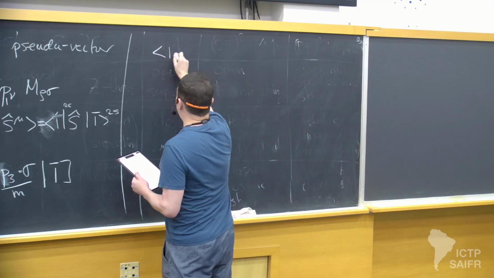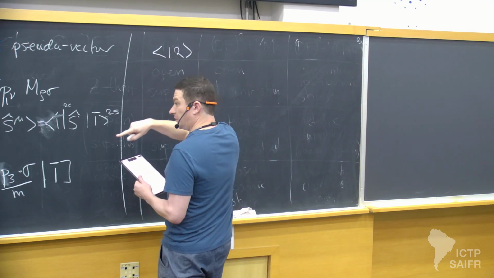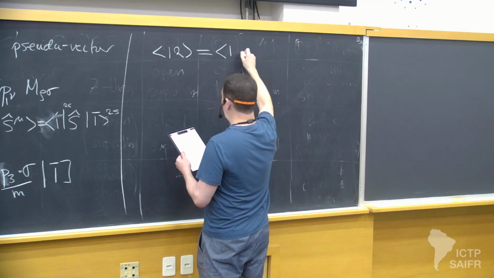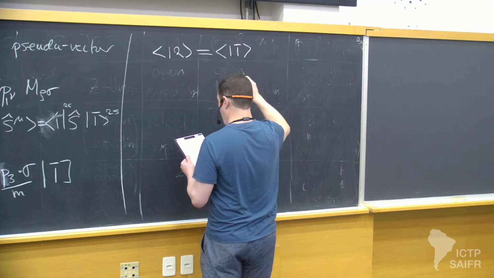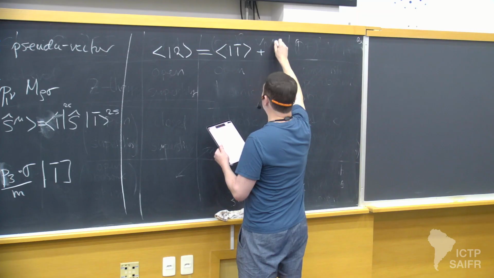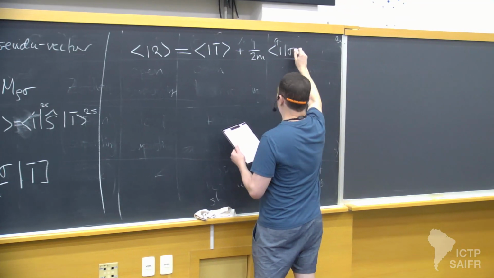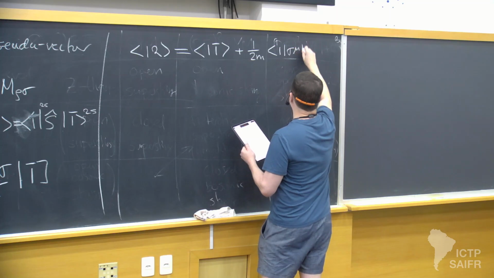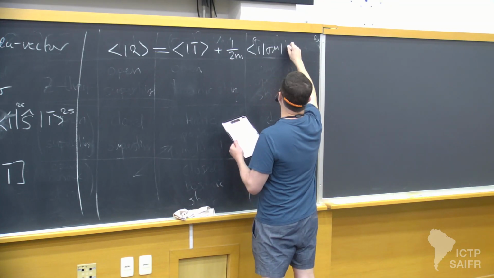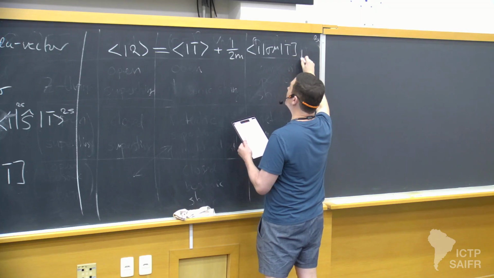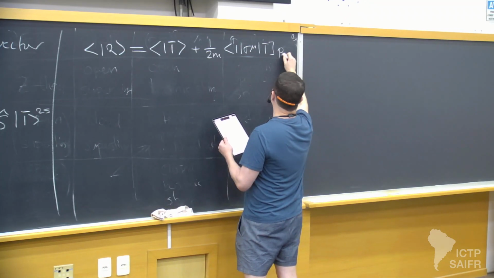So basically, if we just take one power to begin with, it's essentially 1 and 1 bar plus 1, 2 over 2m, and then 1 and 1 bar, sigma mu, 1 bar, and then p 3 mu.